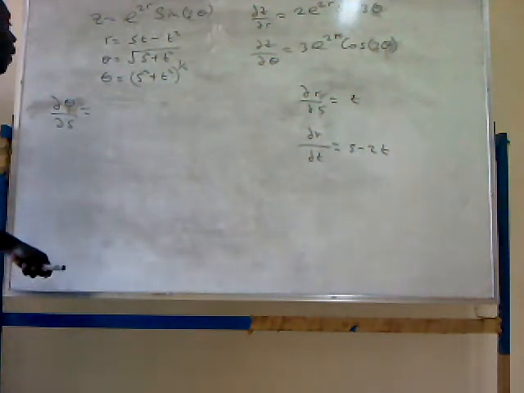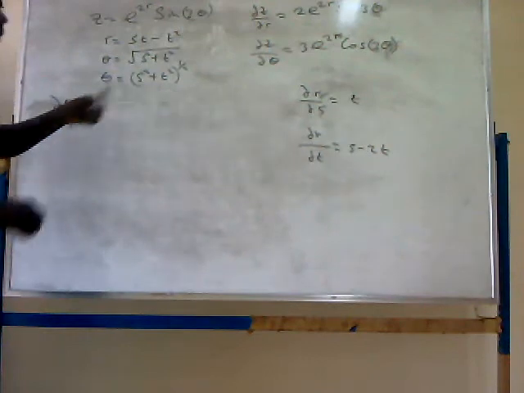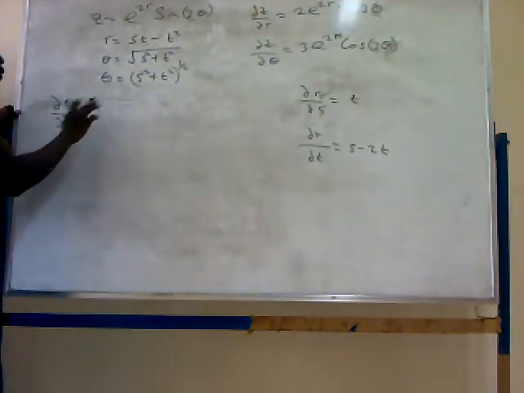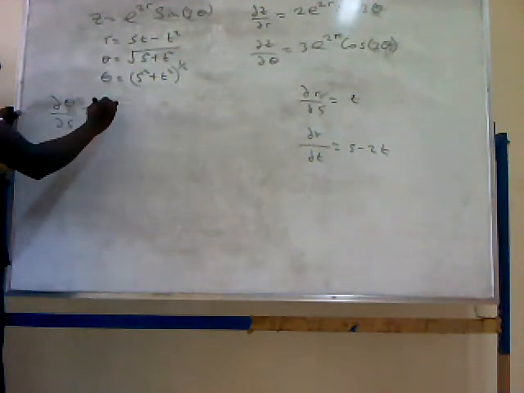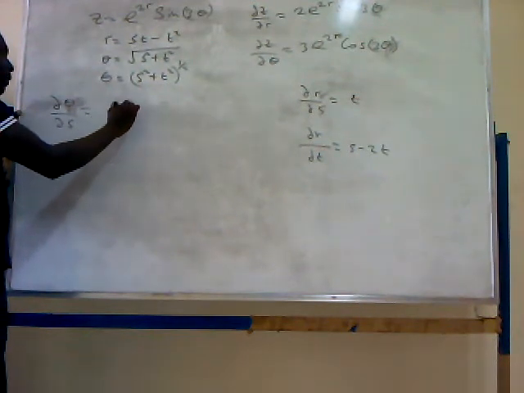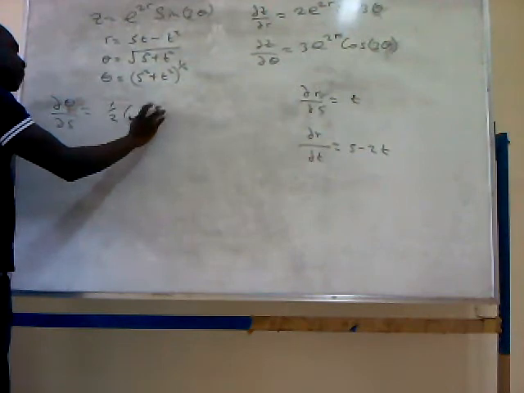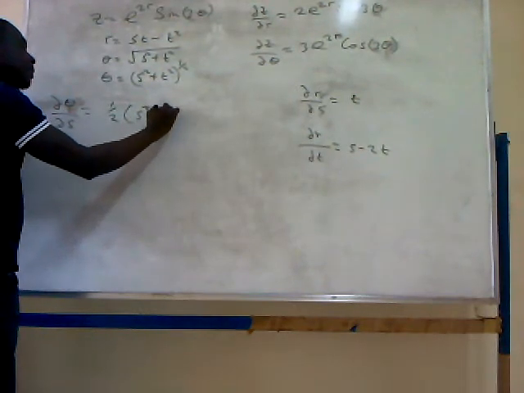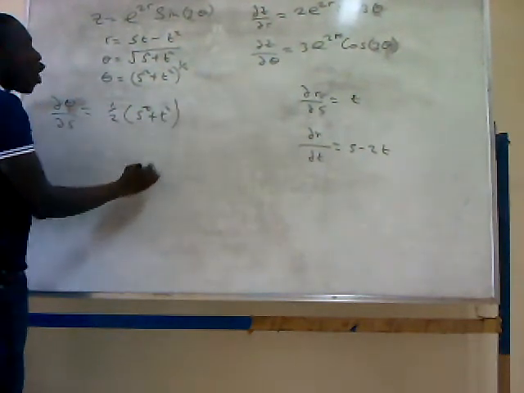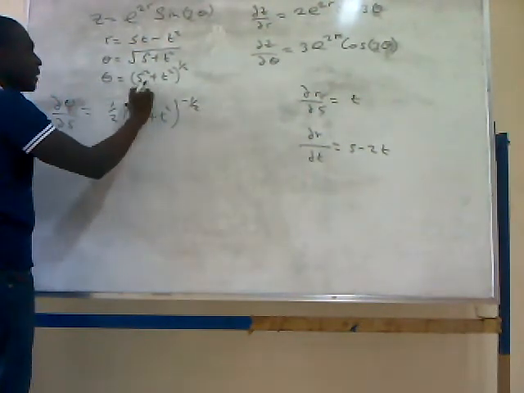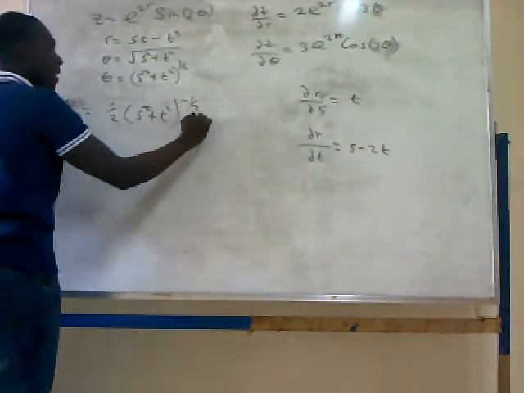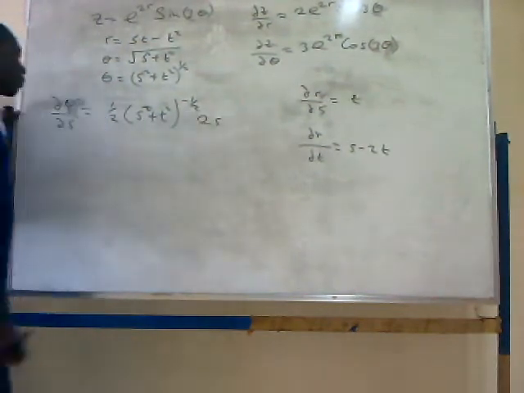Nice one. Now, we can write this like that. What we do is that we differentiate with respect to s. With respect to s, half will come forward, and s squared plus t squared all to the power minus half. And we differentiate what is inside with respect to s, and I get 2s.